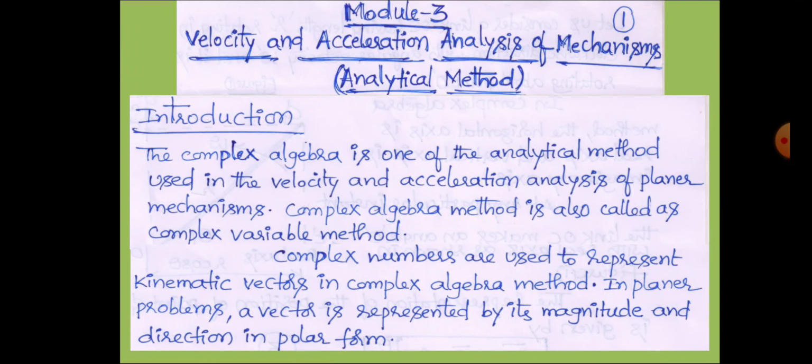Now, before beginning, let us put it in one sentence like this. The objective of module 3 is to find velocity and acceleration of either the 4-bar mechanism or slider crank mechanism using one of the analytical methods, that is, the complex algebra method. So three points. One, we have to find velocity and acceleration.